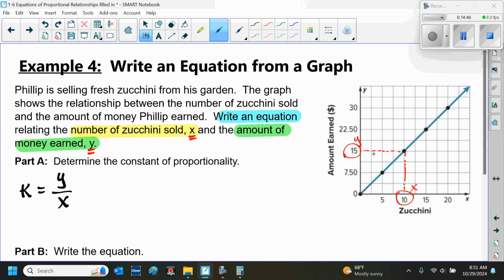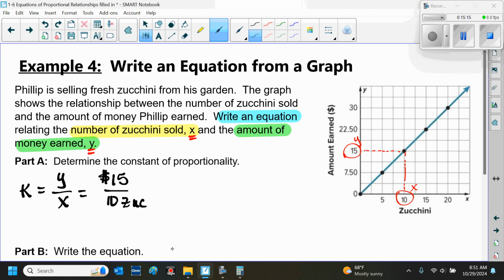So when we put this into our formula, y is the amount of money earned, so that's $15, and then the x is the number of zucchini, so this is going to be 10 zucchini. So this is $15 for 10 zucchini.